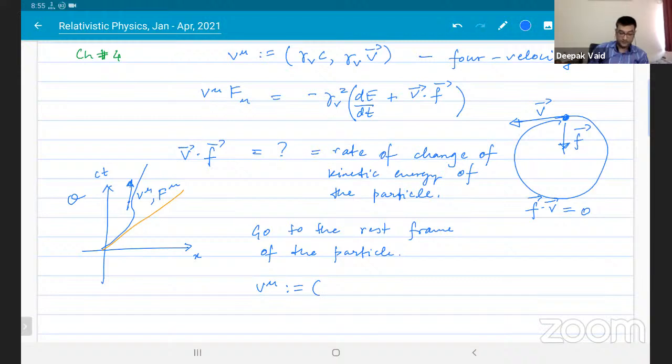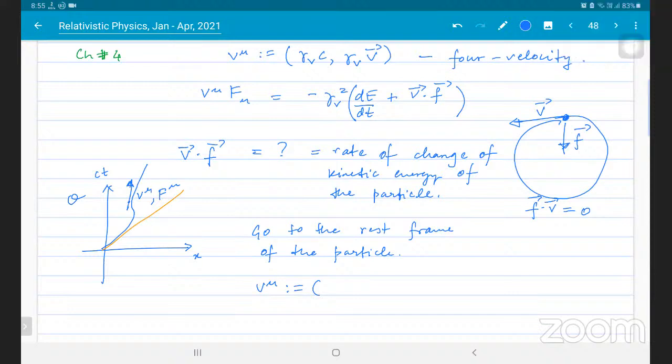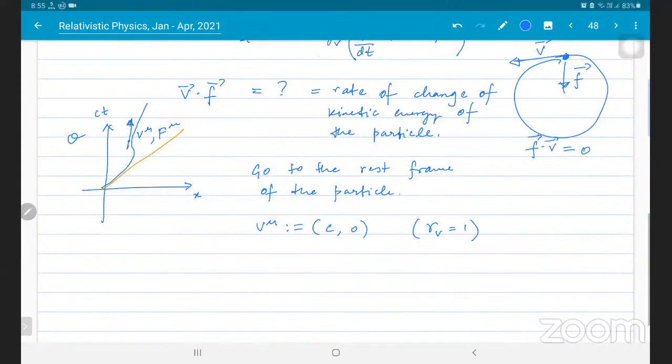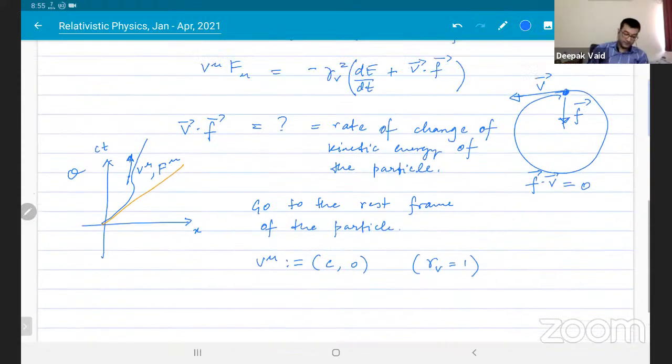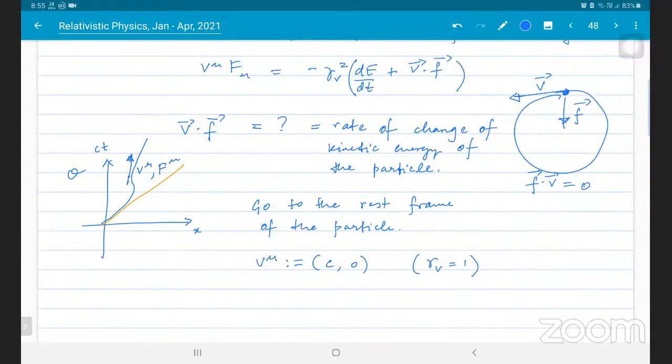Can you just repeat? Somebody else? Anand, what is the four-velocity in the rest frame of the particle? Gamma c comma 0. C comma 0, right? Yes, sir.